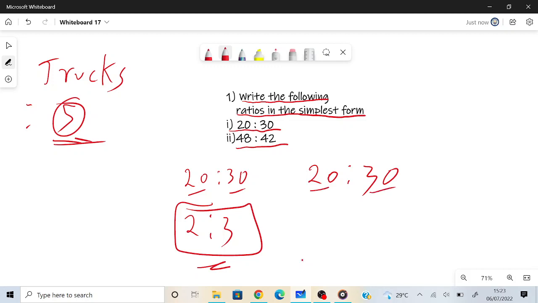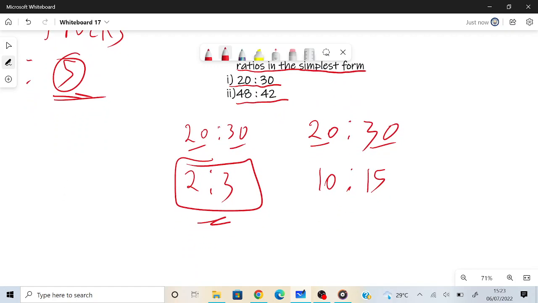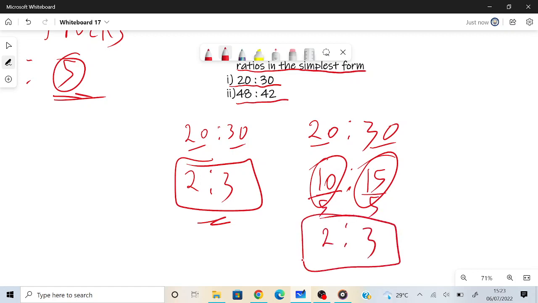So 20 divided by 2 gives you 10, and 30 divided by 2 gives you 15. Now we look at factors present in both 10 and 15. The highest common factor in both is 5, because 5 times 2 is 10 and 5 times 3 is 15. So divide each of them by 5 and you have 2 to 3, and this can't be divided further because this is the final answer.